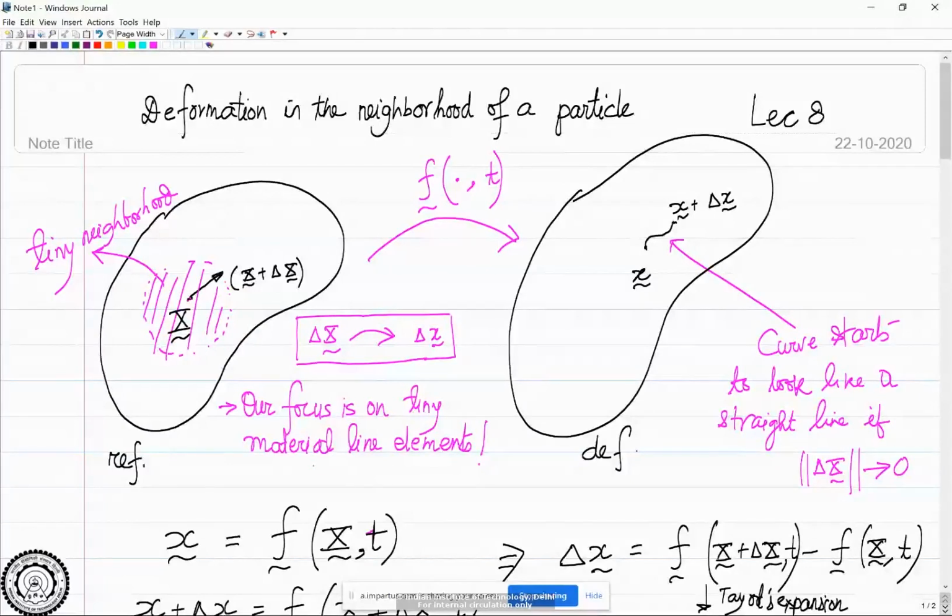So here also, this deformation gradient tensor is a linear transformation, which takes the line element from the reference configuration and gives you the line element in the deformed configuration. Very simple. So this is how the line elements transform.